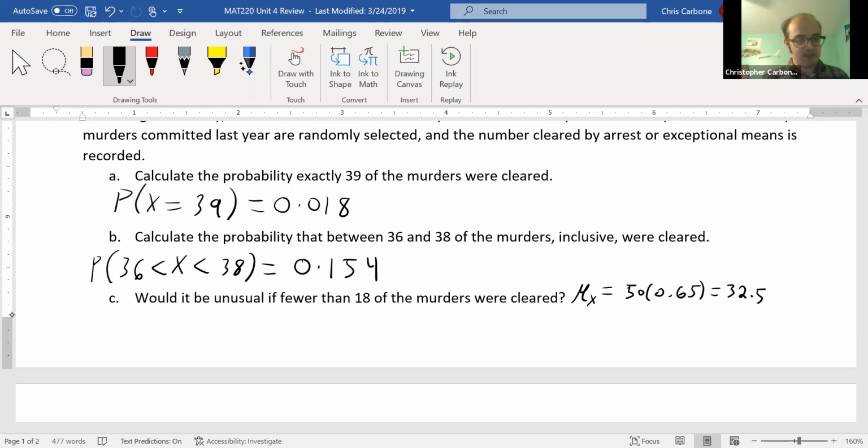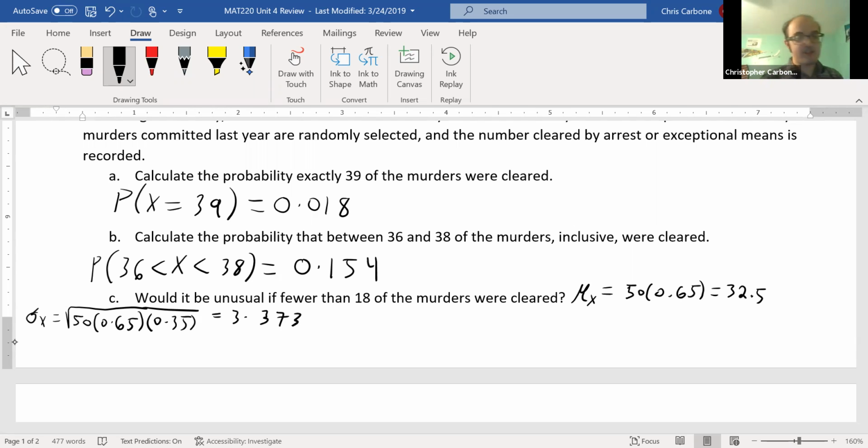While the standard deviation will be the square root of 50 times 0.65 times 1 minus 0.65, which is 0.35. This gives us about 3.373.